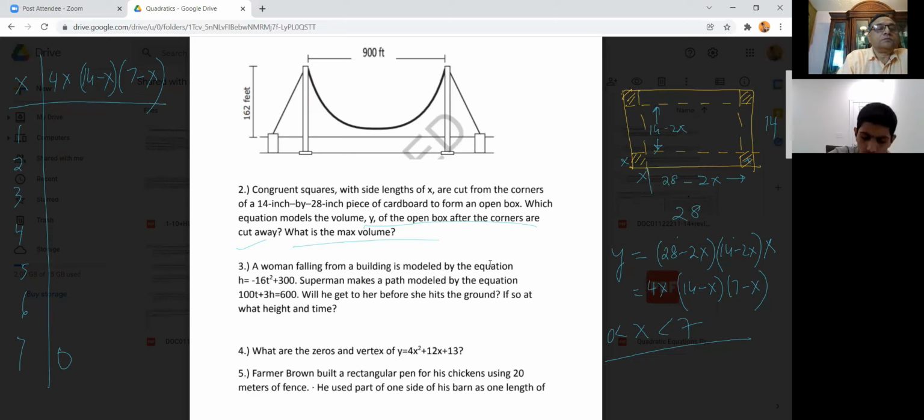For x is 1, I got y is 312. Correct. Continue. Inch cube. And then for x is 2, I got y is 480.